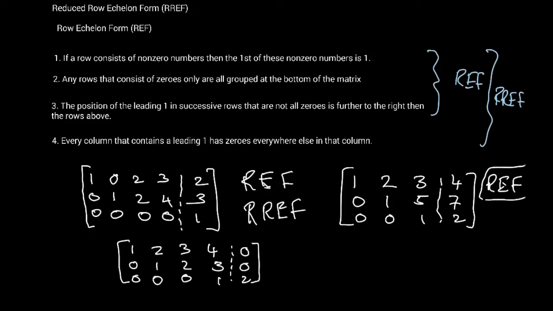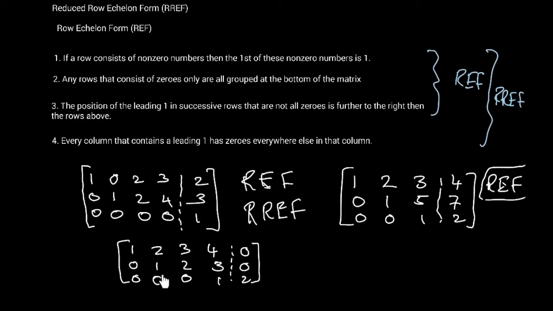Okay, let's look at this example quickly. First property satisfied, second property satisfied, there's no group of zeros. Third property, all successive ones are further to the right, right, right, and further right.